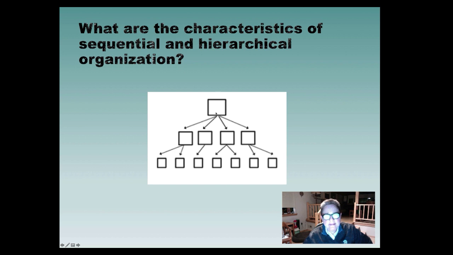What I mean by that is notice that there is, in this model, a top-down approach. You might have a president of the organization and vice presidents of the organization, and then the staff that work in the organization, the CEO, the associates, and then the secretaries, let's say.